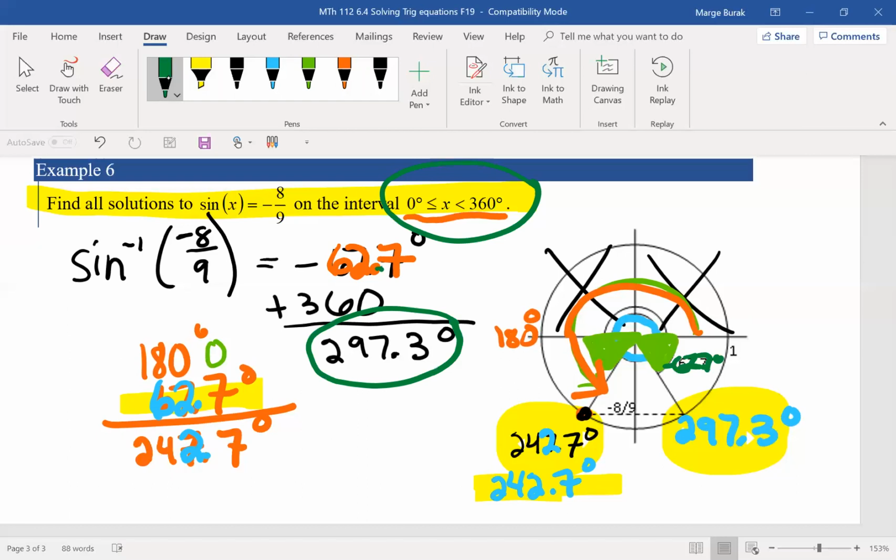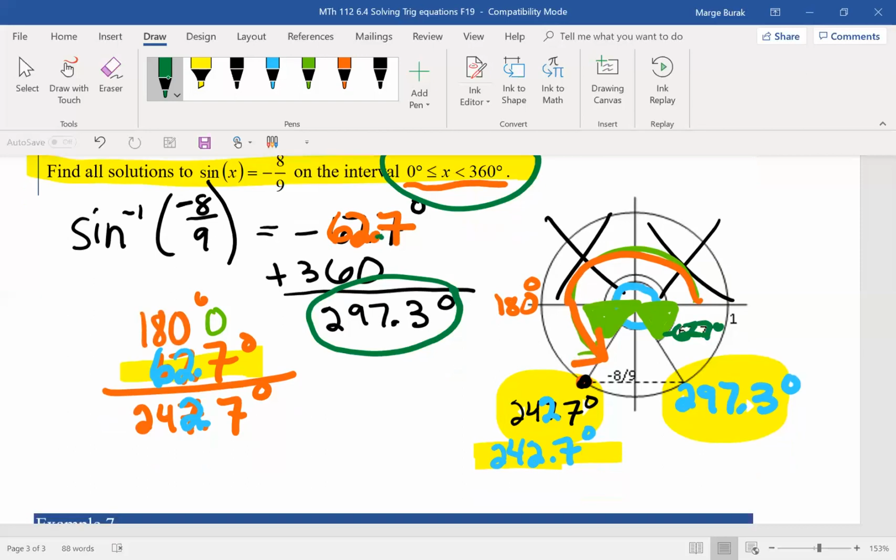But we also have an angle in quadrant 3 that has the same sine. So we had to go back and look at that using the reference angle, 180 plus our 62.7 degrees. Now, you might think this is complicated. It really helps to draw the picture on these. I'm going to highly recommend that you use a picture.